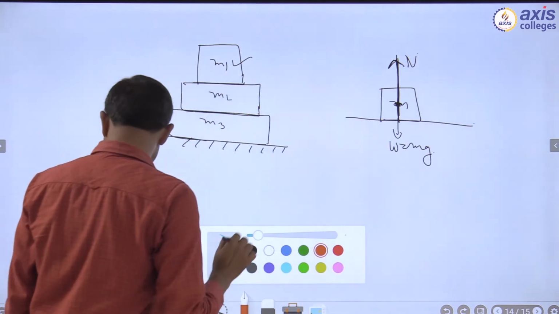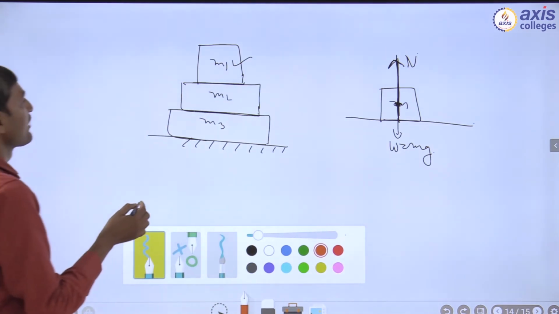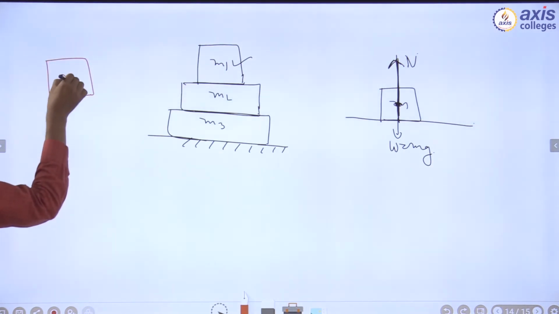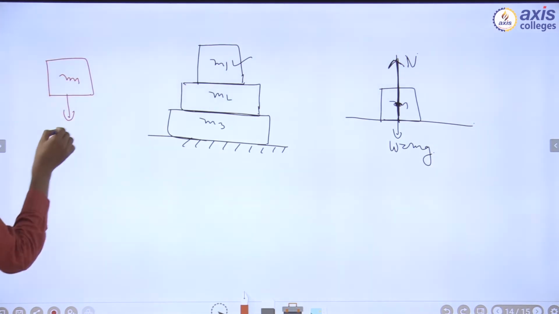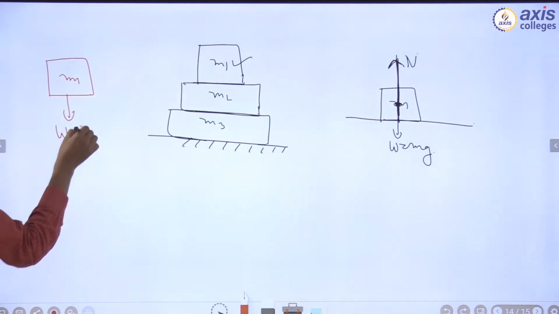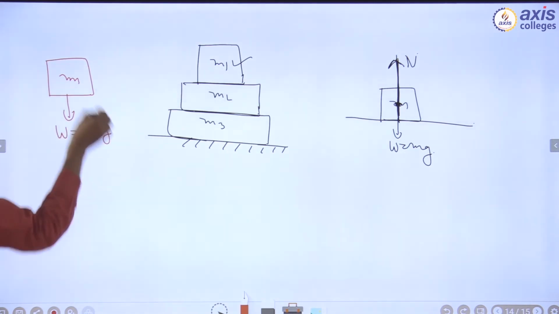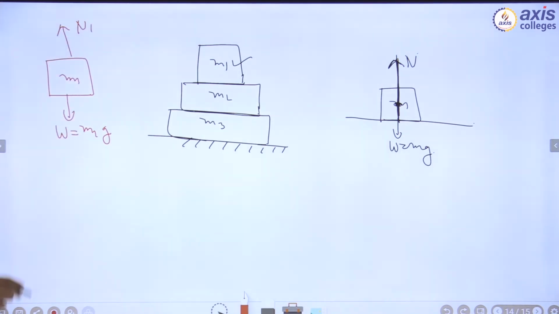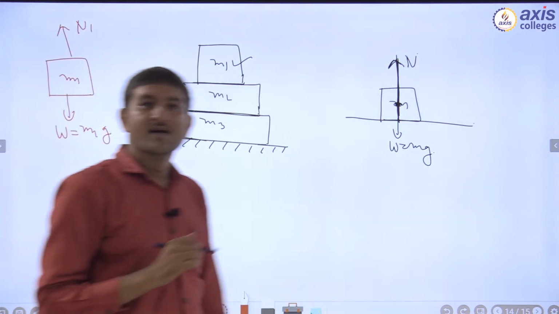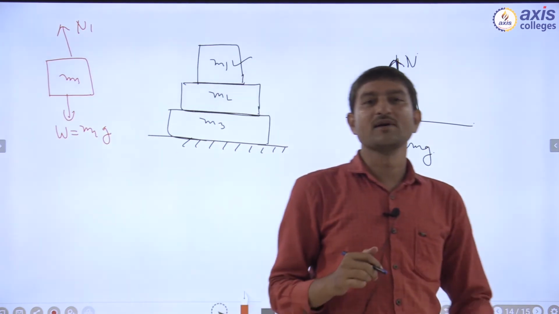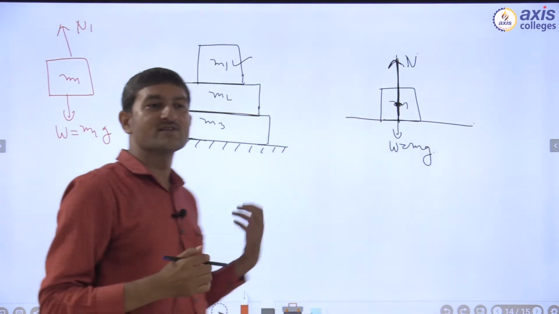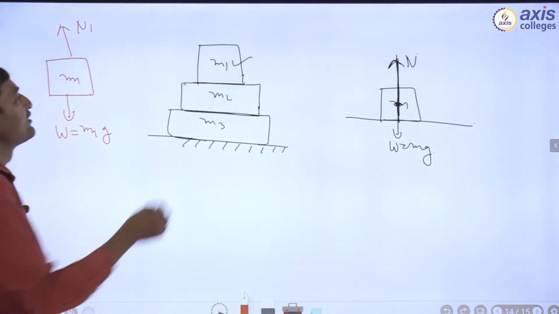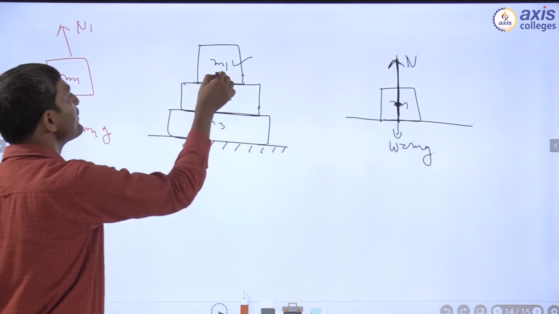So when we are drawing the free body diagram of block 1, let us say this is block 1 having mass m1. Its weight is W equal to m1 into g, and the normal reaction, let us say N1. So N1 is the normal reaction of what? N1 is the normal reaction between block 1 and 2.